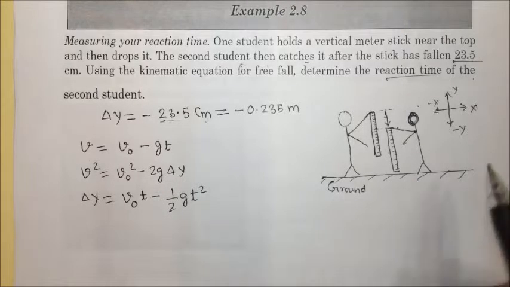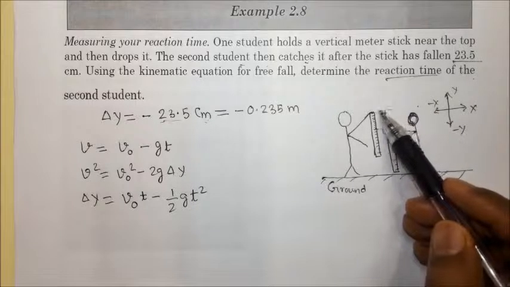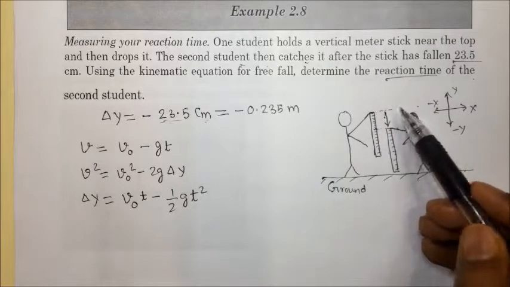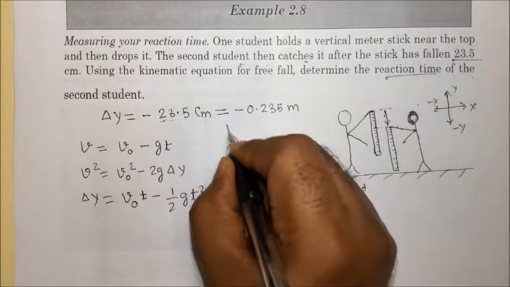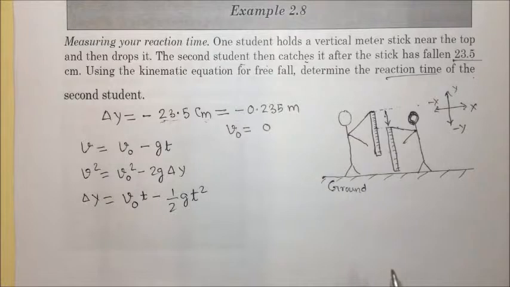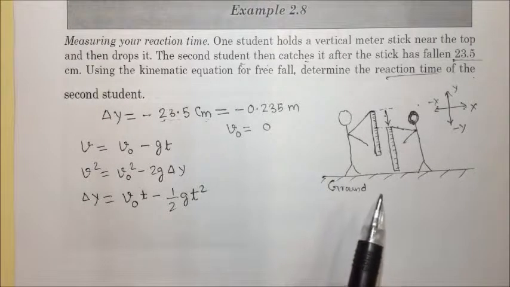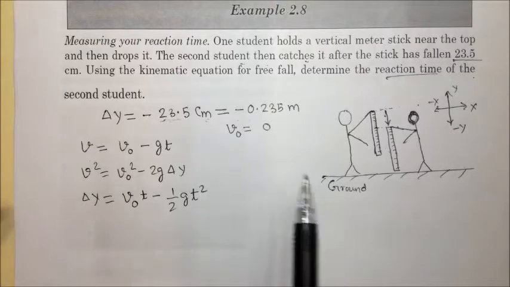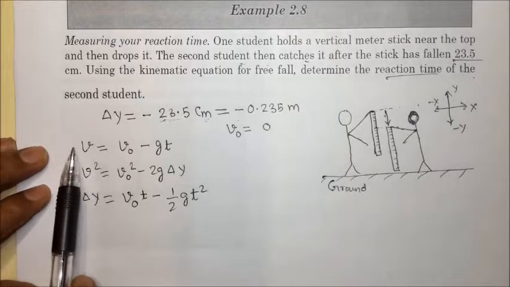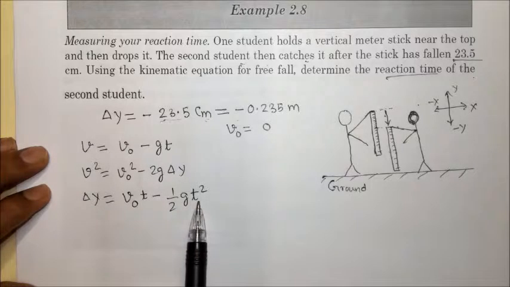Okay. One more thing I would like to say, what is the initial velocity of this stick when it starts from the top? V initial is equal to 0. Okay, we are looking for time. So what are the options we have? We have this equation that contains time, this equation contains time.